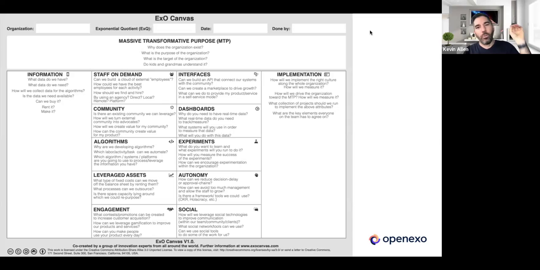So if you want to watch any of those, do that. And there's videos around MTP in the Learning Hub, in the foundations and online, etc. But a massive transformative purpose can be a fairly tough thing to get right.